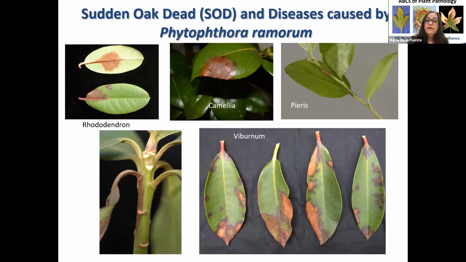When you receive the taping for this presentation, you're going to receive also a couple of papers regarding Phytophthora ramorum and the importance. It is very critical for our natural resources because it causes sudden oak death.